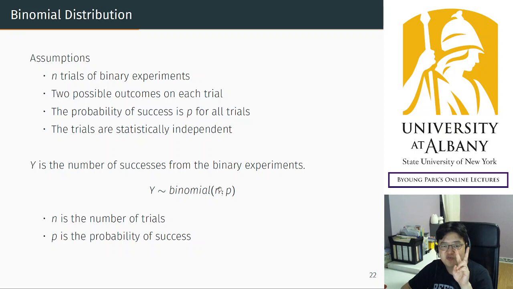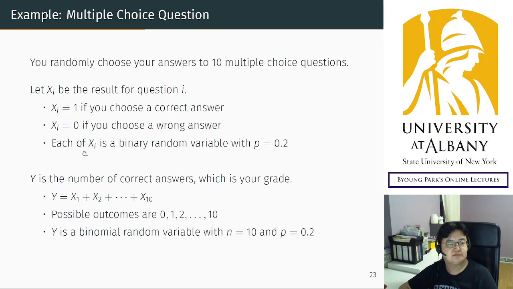Now you need 2 parameters, n and p. As you see, n is the number of repetitions and p is the probability of success. You have to know these 2. And then y captures the distribution for the number of successes from the repetitions.